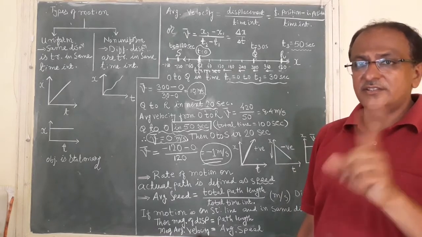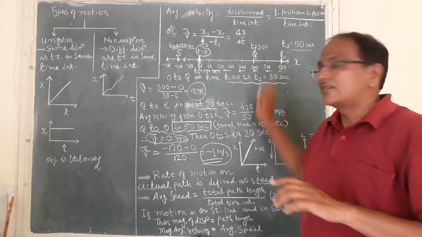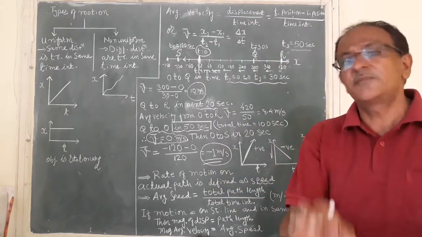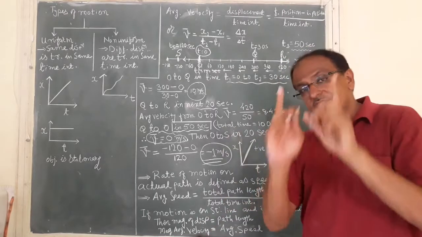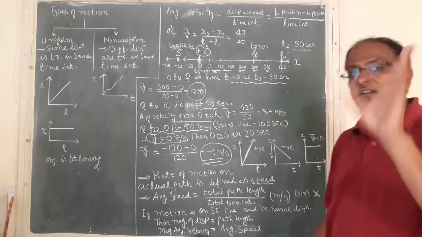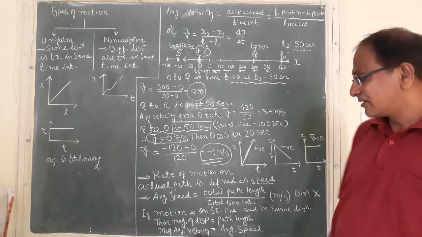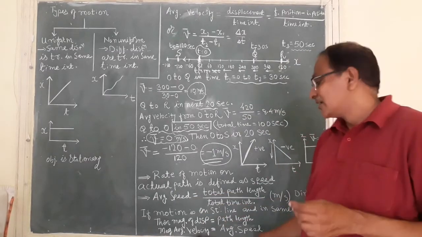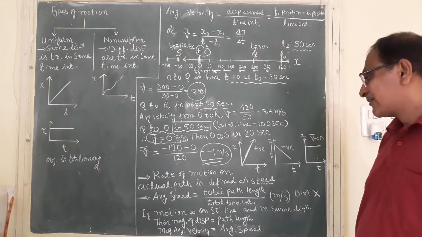Path length and displacement we have understood. These calculations are based on displacement. Now we are talking about path length. So the actual distance travelled, or actual length of the path, divided by the total time interval will give you the average speed, or average speed is defined as total path length upon total time interval.